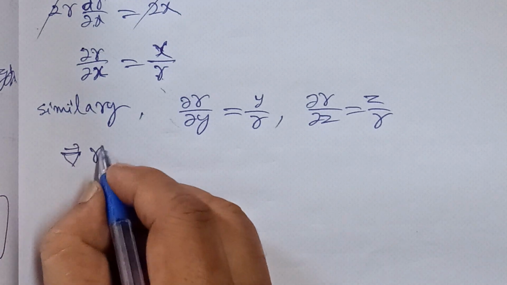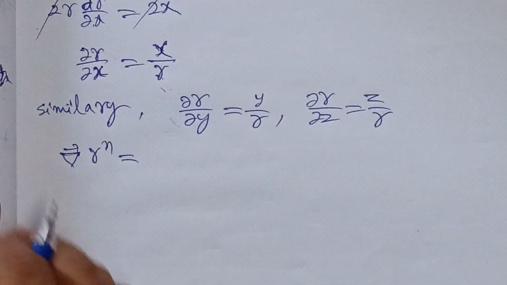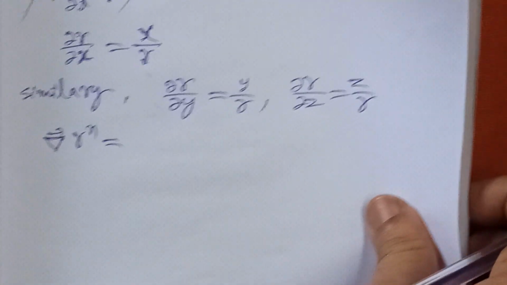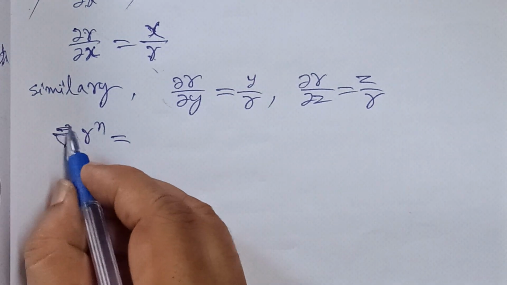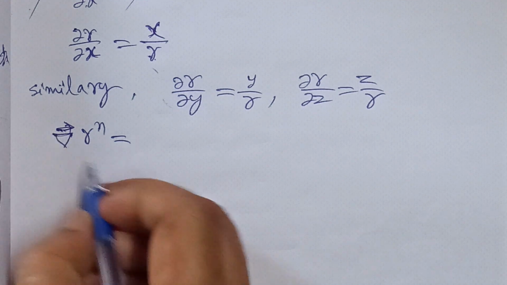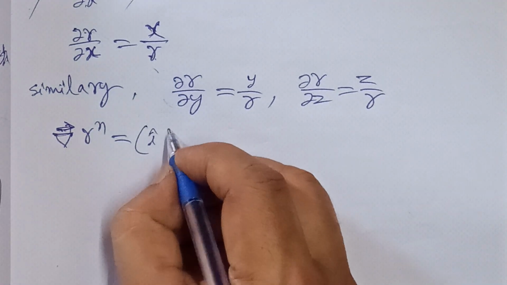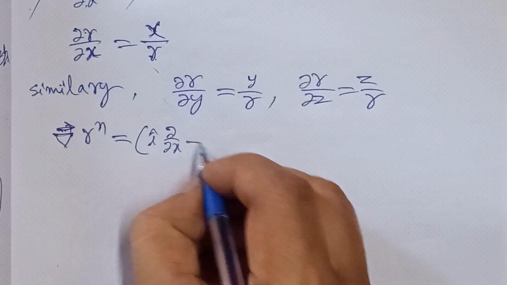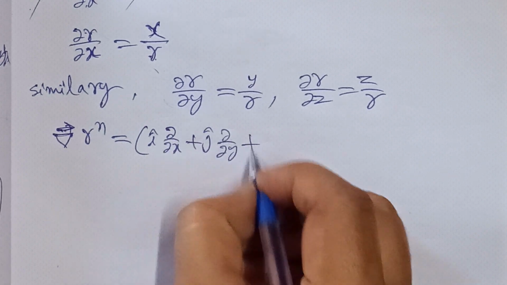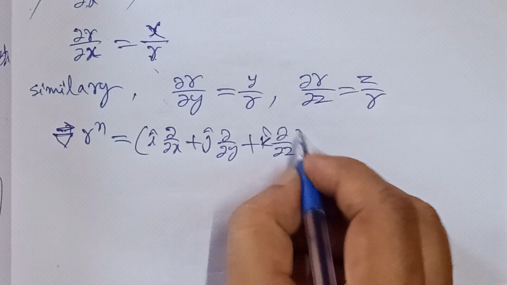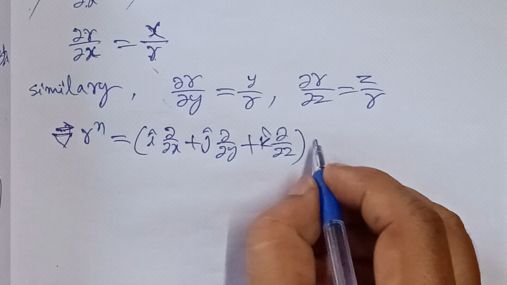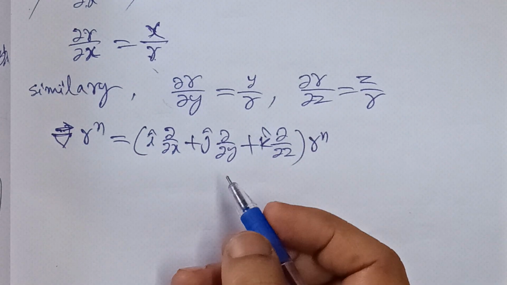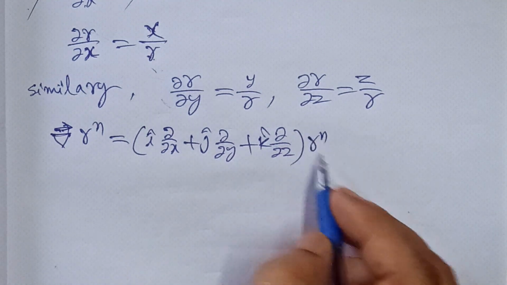We have to now prove del r to the power n, and I write only the left hand side which we have to prove, and we try to find the right hand side. So first of all, we write the del operator, which is i cap del over del x plus j cap del over del y plus k cap del over del z, and now it operates on r to the power n.